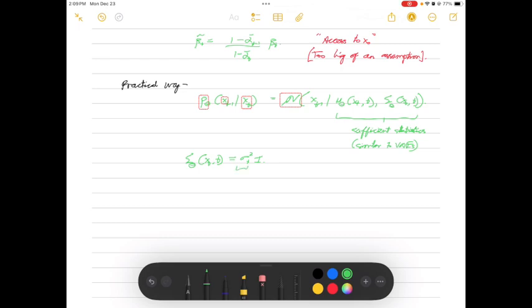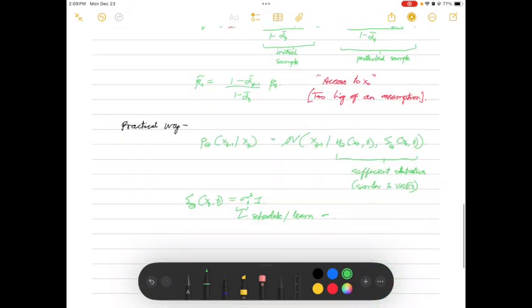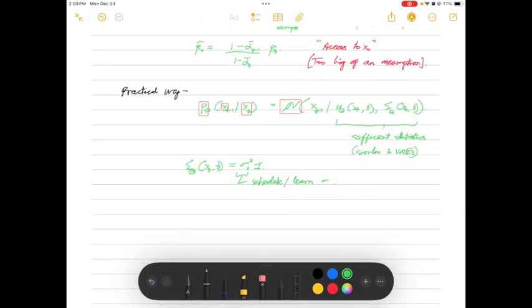We can just use a schedule for sigma, or we can learn sigma for some amount of time steps. So that's the generative process. Here we have the model, which is the most important aspect in the DDPM formulation.